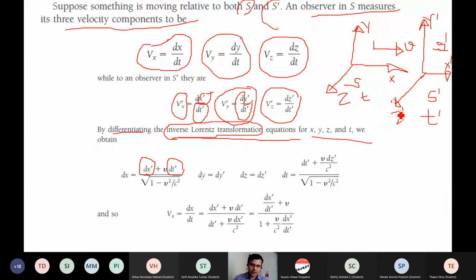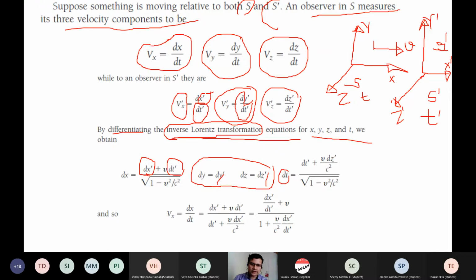Hope you understand. That is the equation for something moving in the positive x direction. So there will be no changes along y and z: dy is equal to dy prime and dz is equal to dz prime.